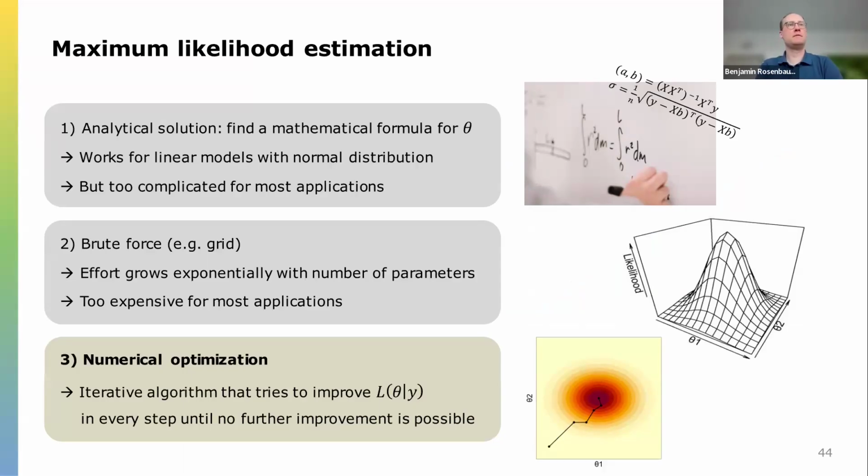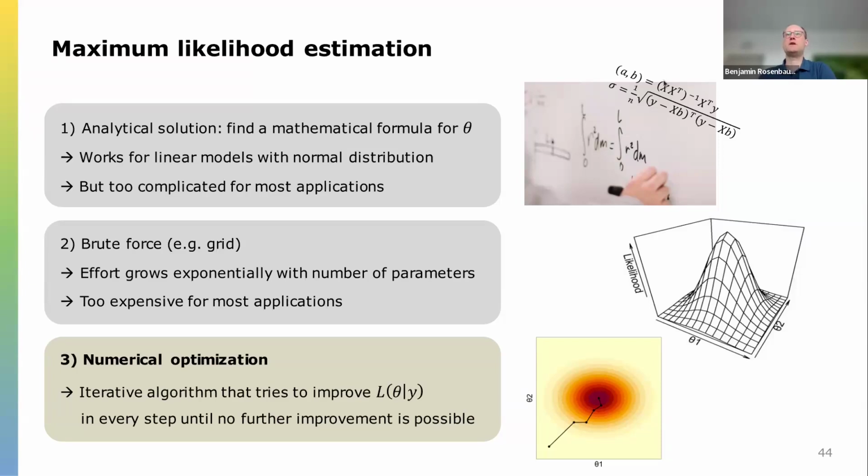First, if this was possible all the time, our lives would be so much easier. If there is a possibility to actually derive equations, a mathematical formula for your parameters, this is possible for linear models with Gaussian error distributions.